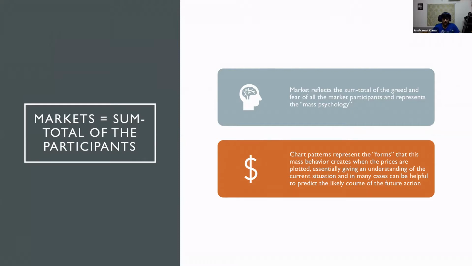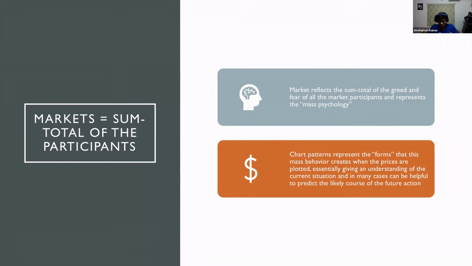Now, all these people who are coming in the market have their own greed, fear, their own set of emotions. So the chart actually captures the sum total of all the market participants and what they are essentially looking at doing. When we talk about psychology, we also have a term called mass psychology.